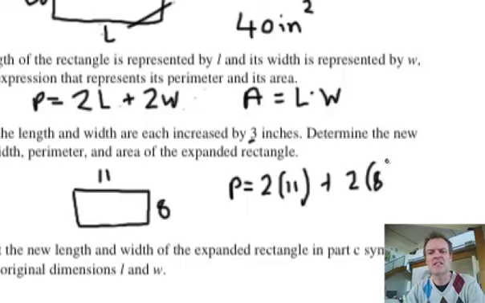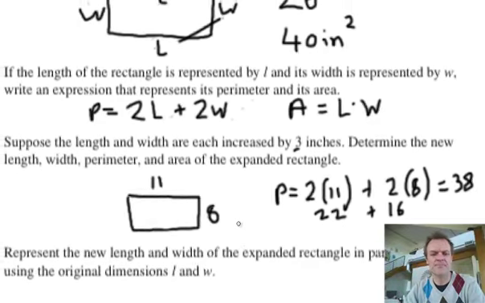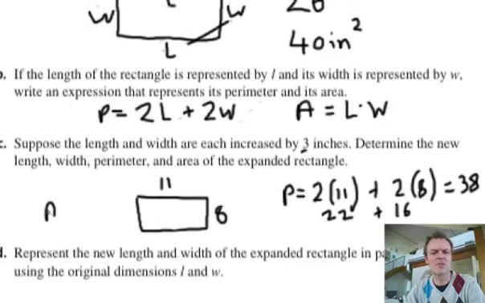Calculator, in your head, whatever, that's 22. That's 16. So that must be 38. The new area will just be 8 times 11, 11 times 8, which is 88. Again, get the units right, inches squared.